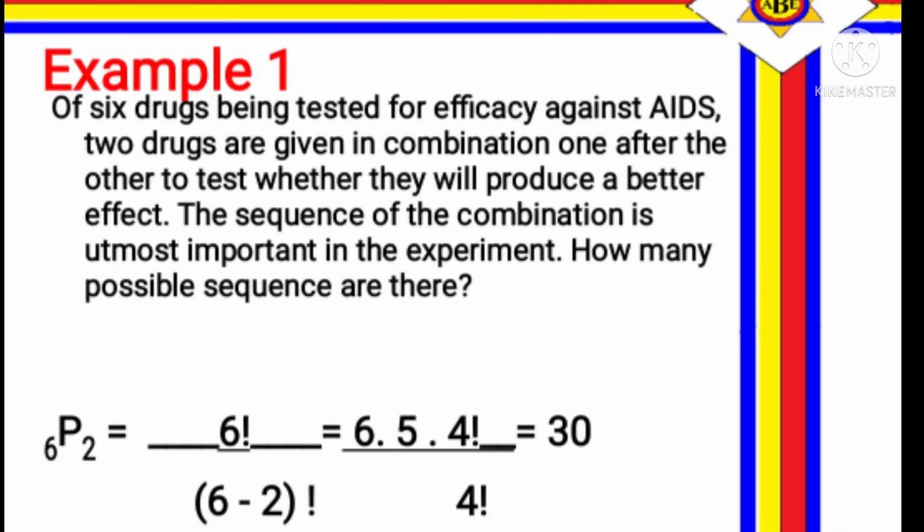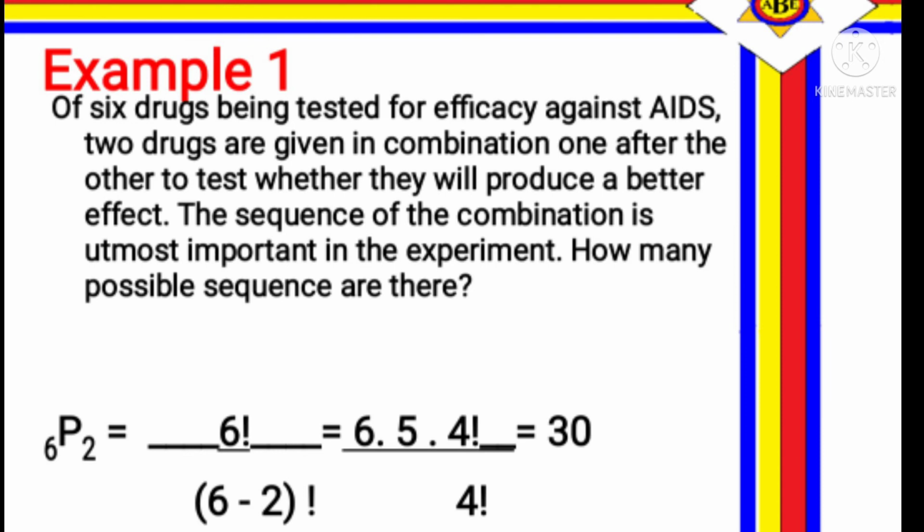Now, let's have example number 1 for the arrangement of n objects taken r at a time. Of 6 drugs being tested for efficacy against AIDS, 2 drugs are given in combination, one after the other, to test whether they will produce a better effect. The sequence of the combination is utmost important in the experiment. How many possible sequences are there? So we have 6 drugs and then 2 drugs.